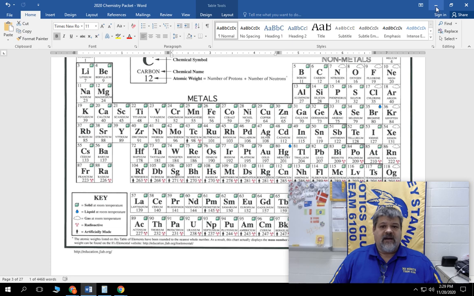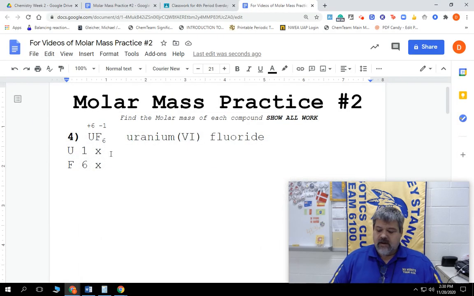So uranium is going to be 238, and fluorine was 19. So we're going to figure out what these equal. Since I only have 1 uranium, and I multiply by 238, that means that it equals 238.